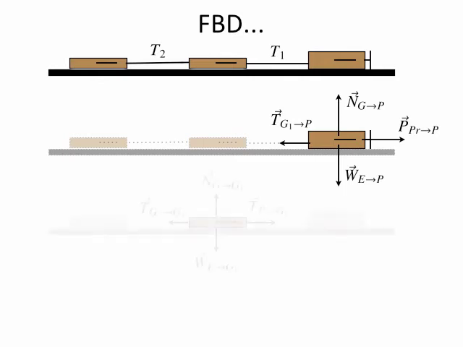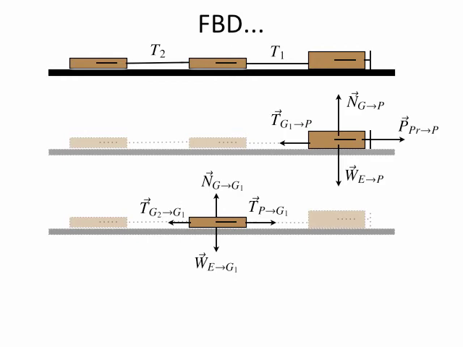We've got the first glider. What has it got? It's got a tension pulling from the tow plane onto glider 1. It's got the tension in the rope connecting glider 2 to glider 1. It's got the normal force from the ground acting on glider 1, and it's got the earth pulling down on glider 1 as a weight.